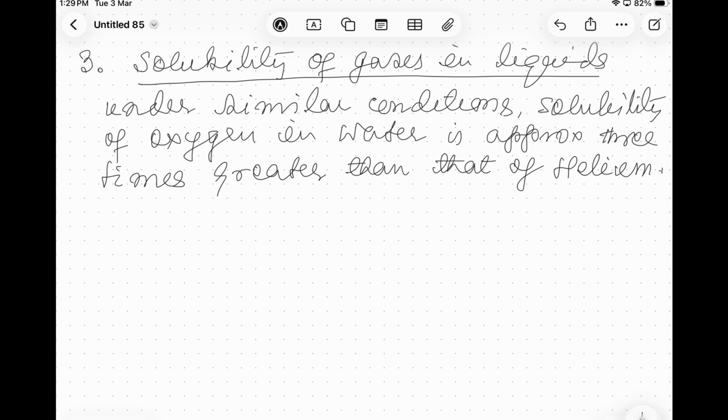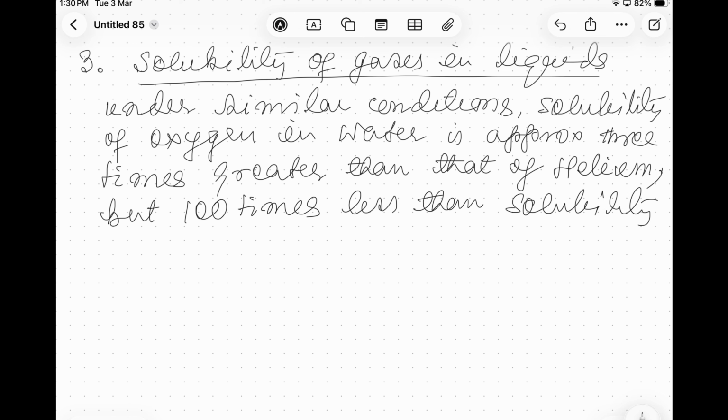But 100 times less than solubility of CHCl3, that is chloroform.